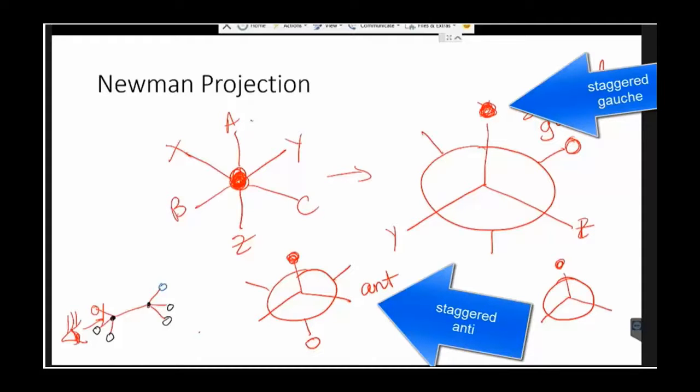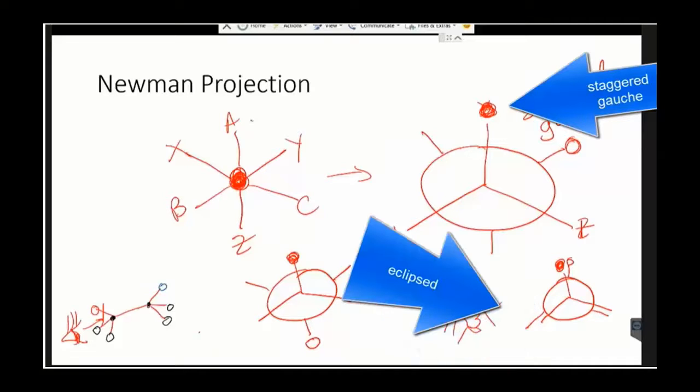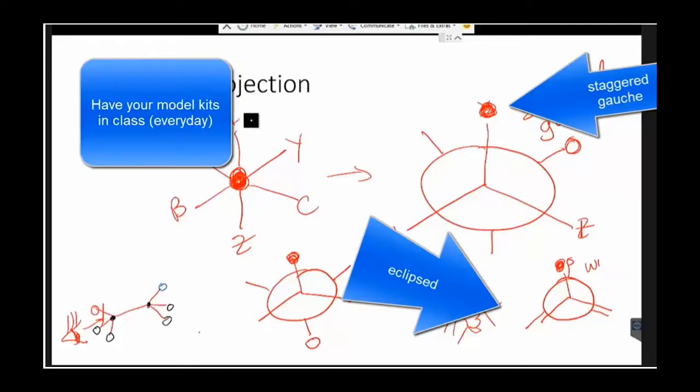And we're going to draw these at a slight angle, only because it's going to be hard for you to see when they're on top of each other otherwise. That is when they're eclipsed and they're really bad, okay? So you can eclipse and they're on top of each other in multiple ways, but this is the worst one. So that's Newman projection, and so we'll practice that in class.